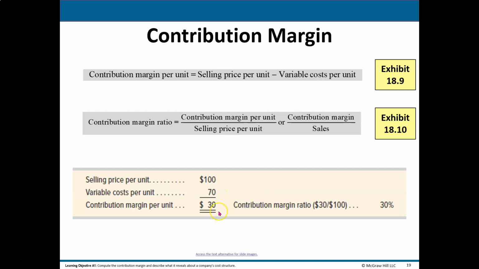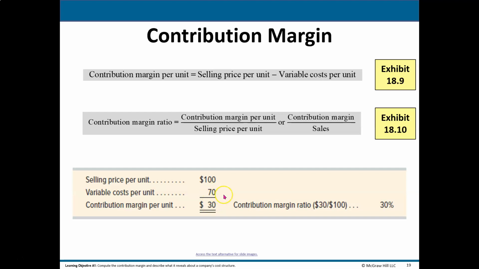One thing I want to point out is that our contribution margin per unit should always be a positive number. Why? Because the more we sell, the more we can cover our fixed costs. And we'll see this later, where we have fixed costs to account for. But let's say that just in variable costs it cost me $110.